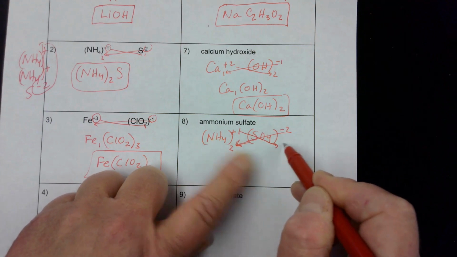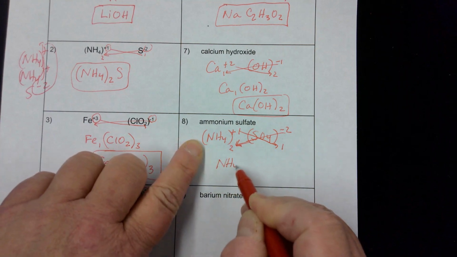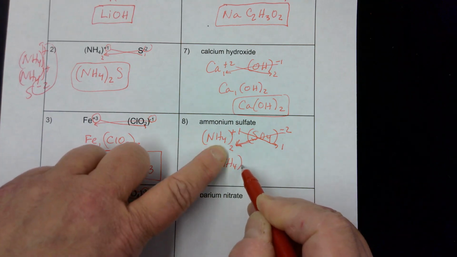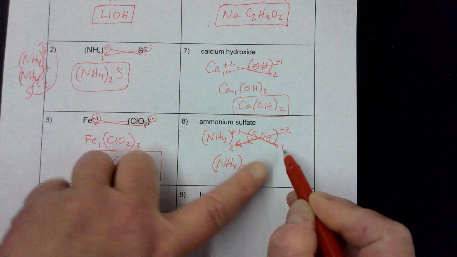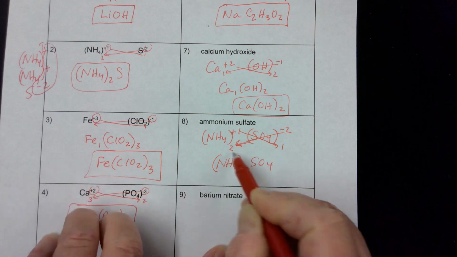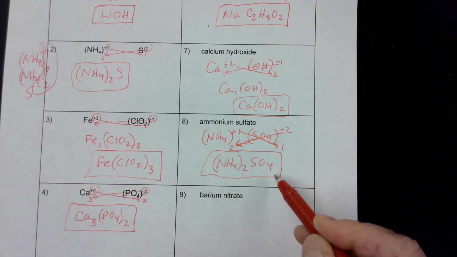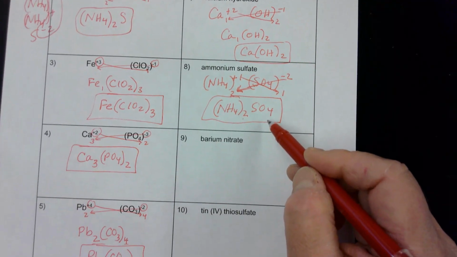This 1 comes here outside of the SO4. I do need to keep the parentheses around the NH4 because I needed 2 of them. I only need 1 of these SO4s, so I do not need to keep those parentheses, nor do I need to write the 1. So that's the formula for ammonium sulfate.